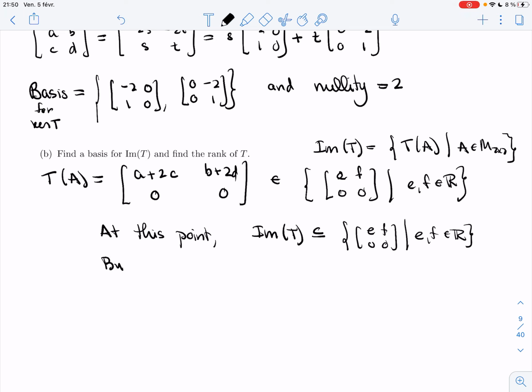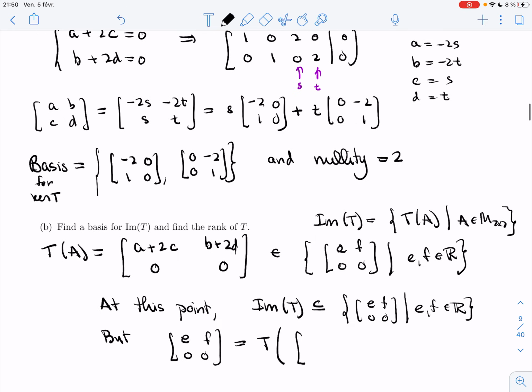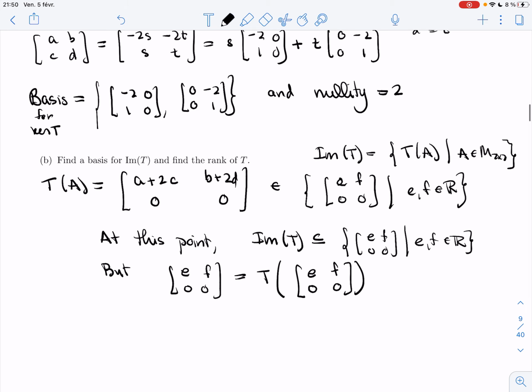If I look at [e, f; 0, 0], I just need to write it as T of something. Well, if I take a to be e, c to be 0, b to be f, and d to be 0, then that's going to hit it for sure. And so we have our description for the image. Everything in the image has 2 zeros here, so it looks like this, and everything that looks like this is the image of itself.